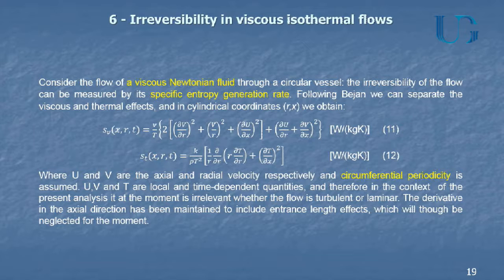Now, remember yesterday I told you there is a phi function, capital phi, the dissipation function. This is a dissipation function in 2 dimensions for a cylindrical coordinate with circumferential periodicity: dv over dr, where r is the radius, v squared over r, du over dx, where x is the axial direction, plus du dr plus dv over dx, squared.